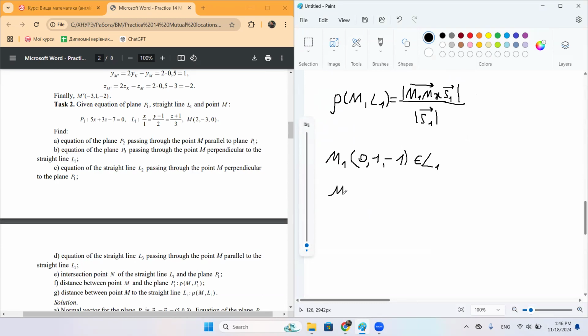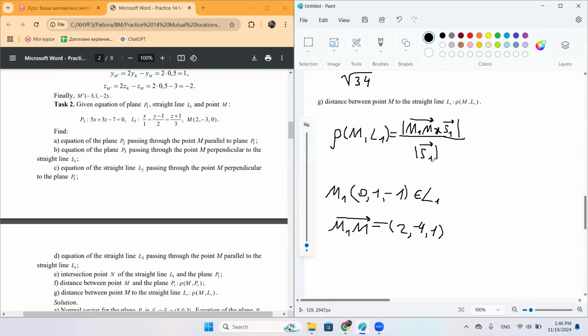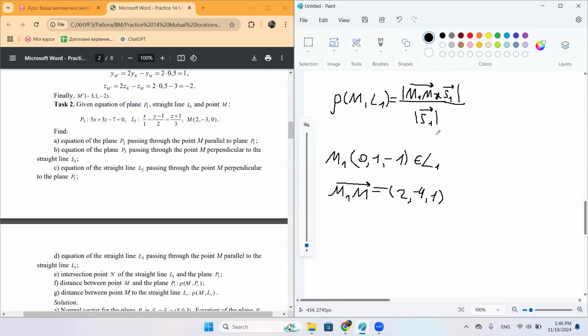So the coordinates of M1M are the following. So 2, minus 4, 1. And now let's calculate this cross product.